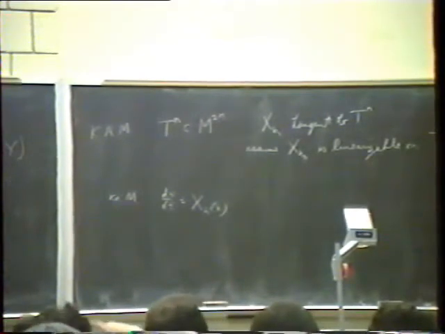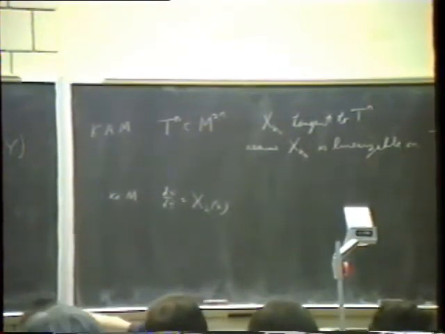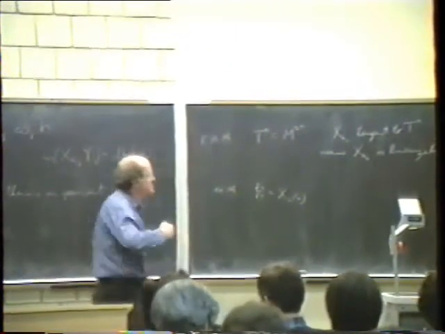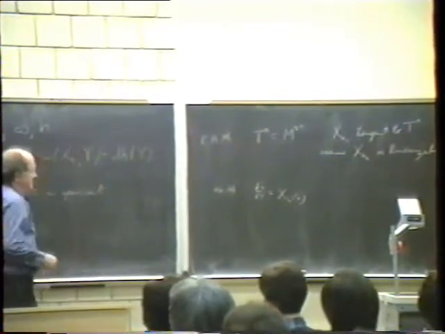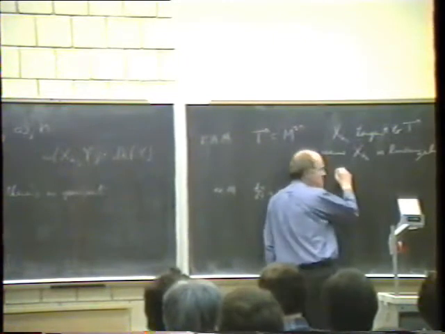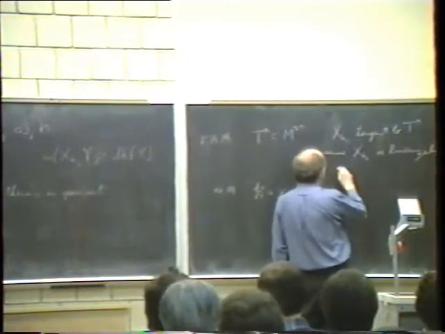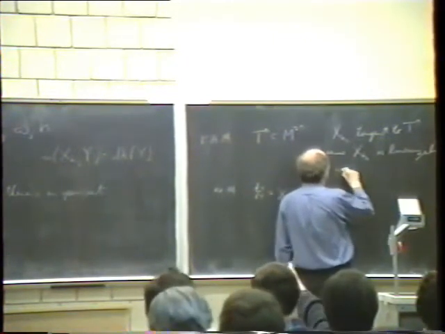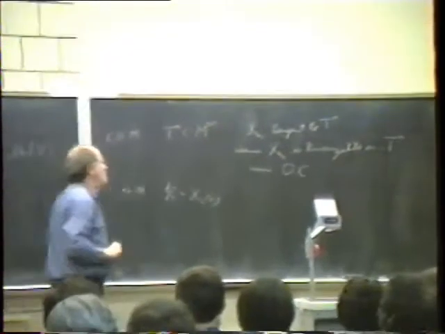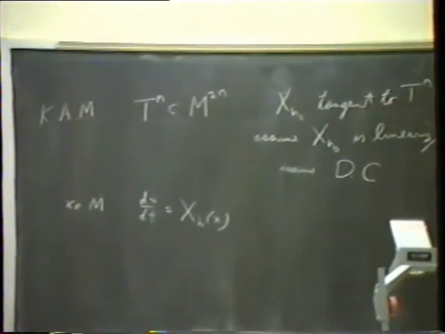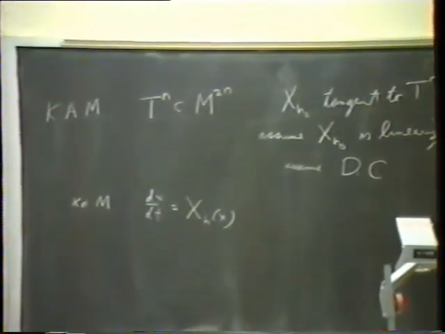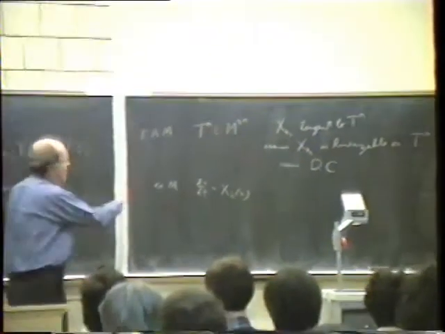And not only is it dense, but it comes back. It comes close to every point with a certain frequency. It doesn't take a tremendously long time to get to every point. This is what's called a Diophantine condition. I won't write down explicitly what the Diophantine condition is, but I'll assume it.